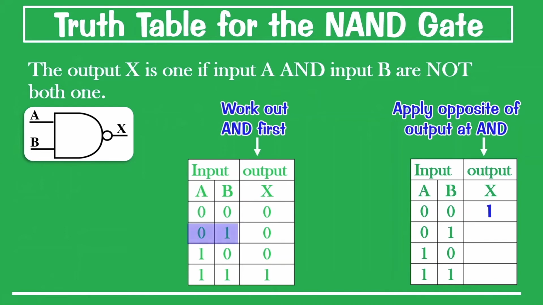The next one, 0 and 1 equals 0, that will be not 0 equal 1. And then you have 1 and 0 equal 0, that will be not 0 equal 1. Finally, 1 and 1 equal 1, that will be not 1 equal 0.